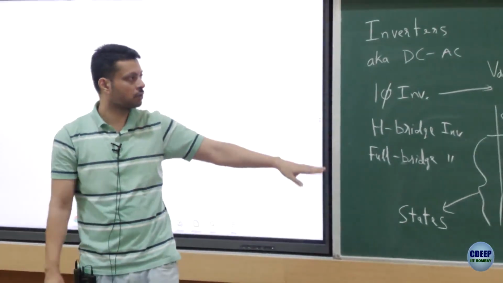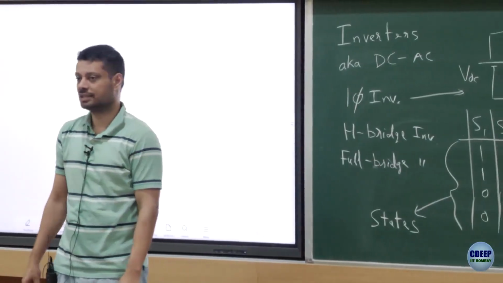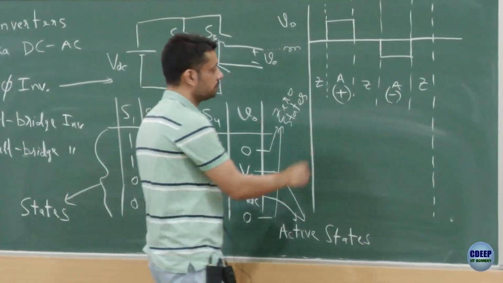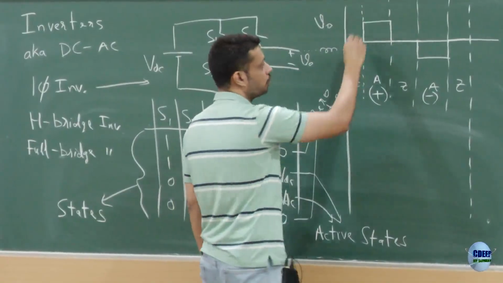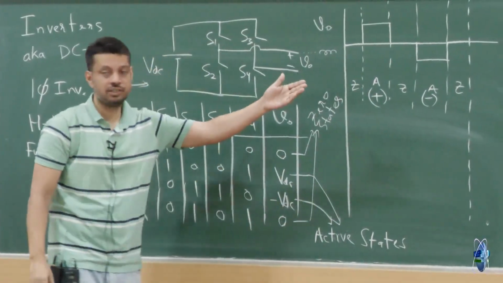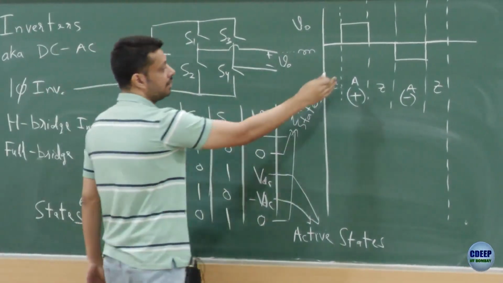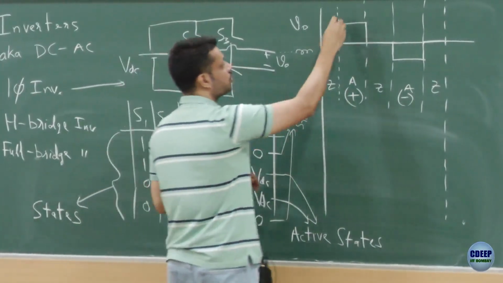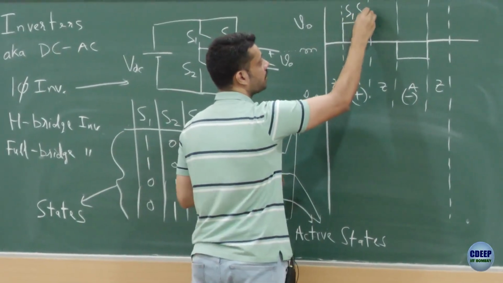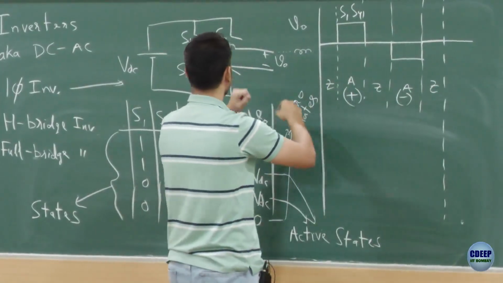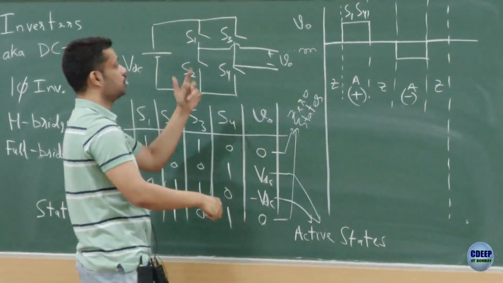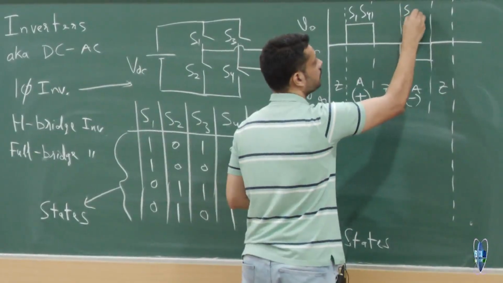But using these four combinations, you can create an AC voltage like this. Let's write down which switches are conducting in each of these durations. So the active positive state means S1, S4 are conducting. The active negative state means S2 and S3 are conducting.